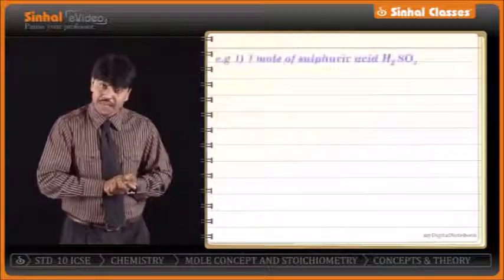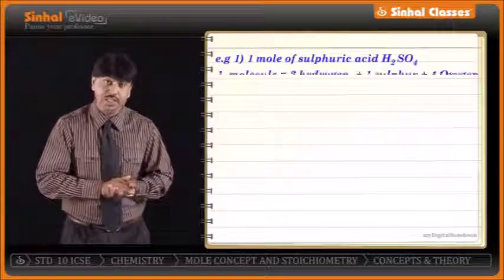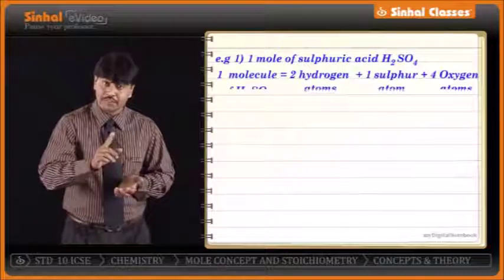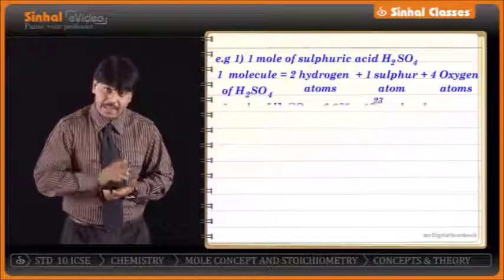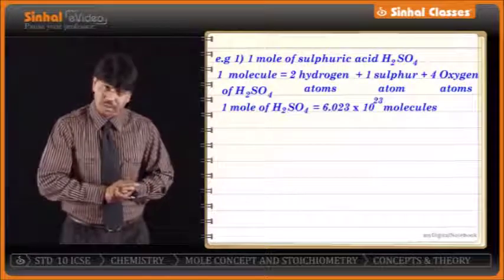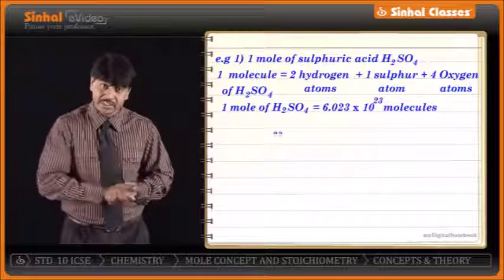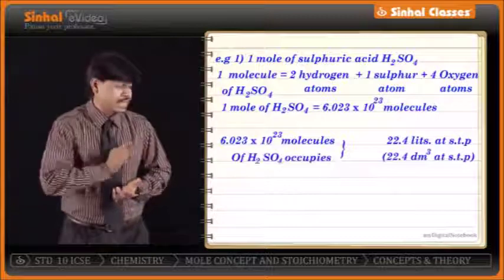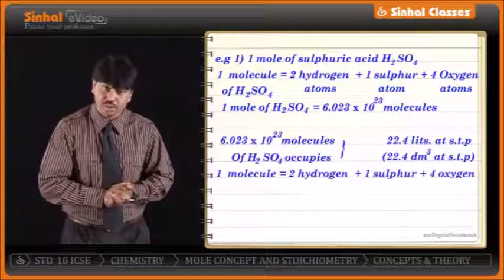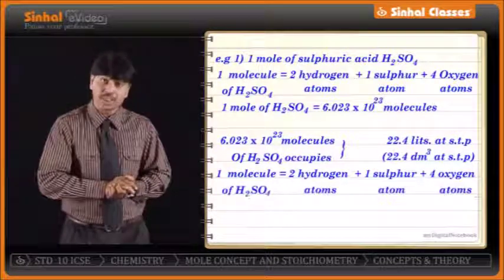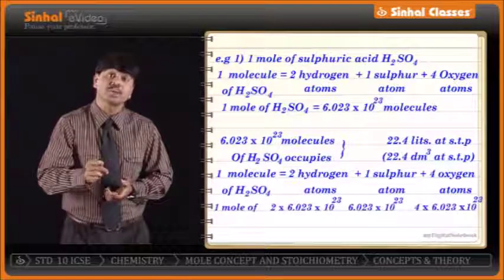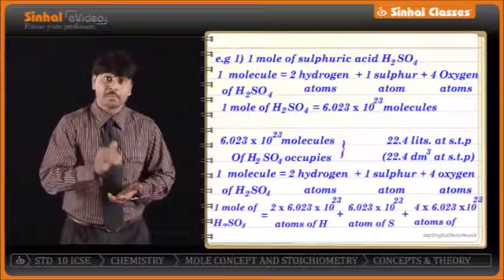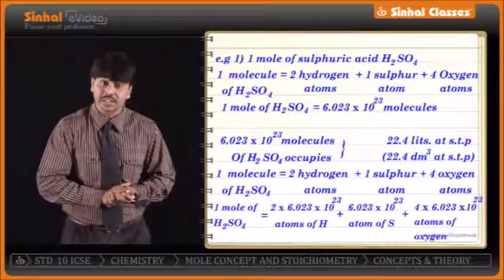If I take sulfuric acid, the formula for which is H2SO4, and take 1 mole of sulfuric acid, how much will be the gram molecular weight? Add the weights, and you will get 98 grams. Now this 98 grams will contain how many molecules? 6.023 × 10^23 molecules of sulfuric acid. But how many atoms of hydrogen?